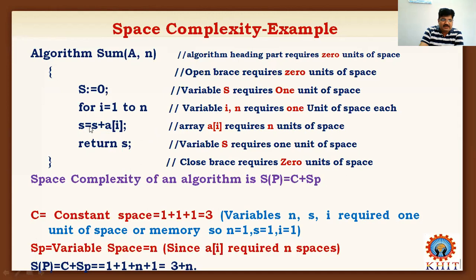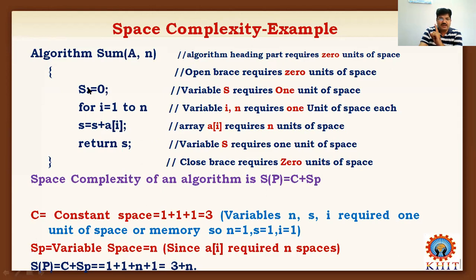So for executing the statement S equal to S plus A of I, it will require 1 plus n units of space. For S, 1 unit is required. For A of I, n units are required. Totally 1 plus n, that is n plus 1.